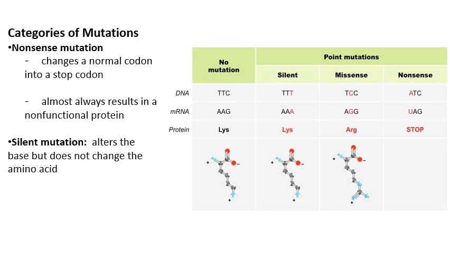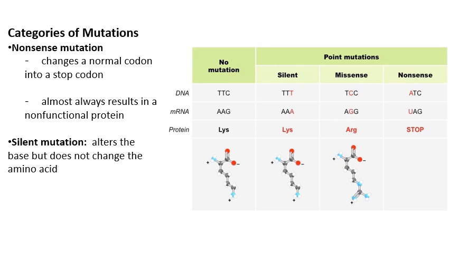Right? So another type of mutation that we can get from a point change is a nonsense mutation. So nonsense means instead of having a normal codon that codes for a normal amino acid, we change it into a stop codon. And a stop codon is going to prematurely shut down translation of this protein, which means our protein is going to be much shorter than it normally would have been, which is usually going to make it non-functional.